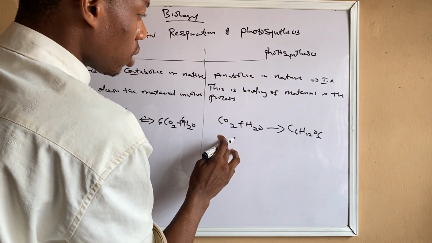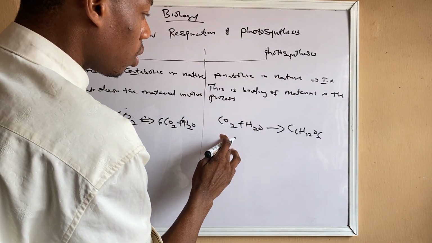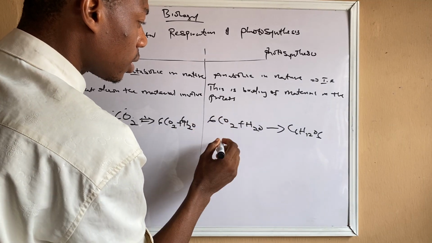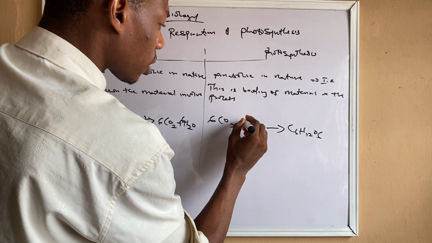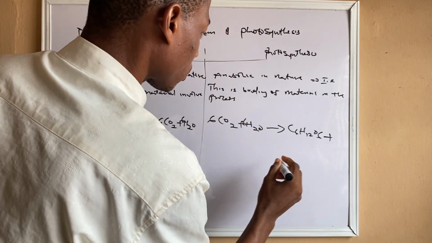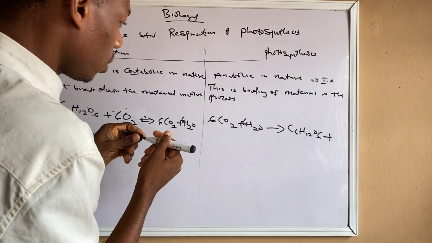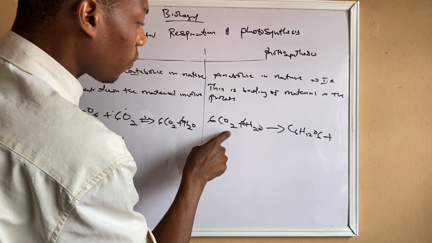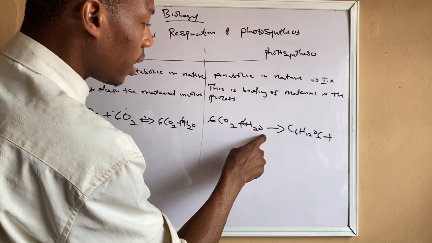So 6CO2 plus 6H2O. We have 6 carbon, 12 oxygen, plus this 18.